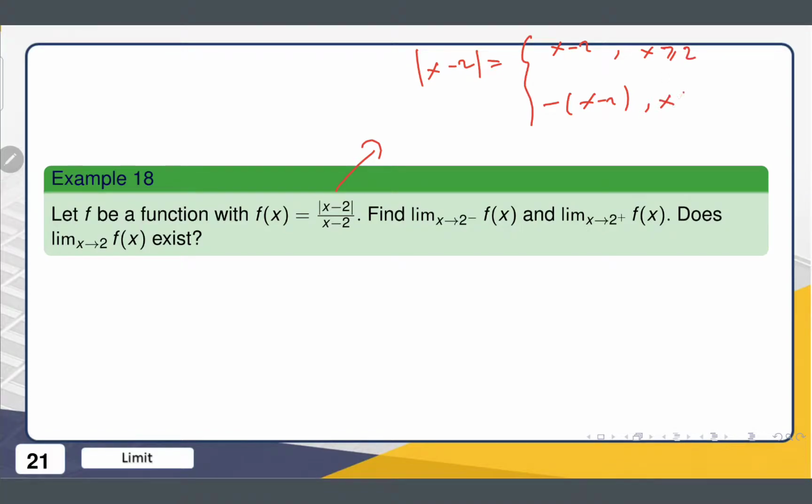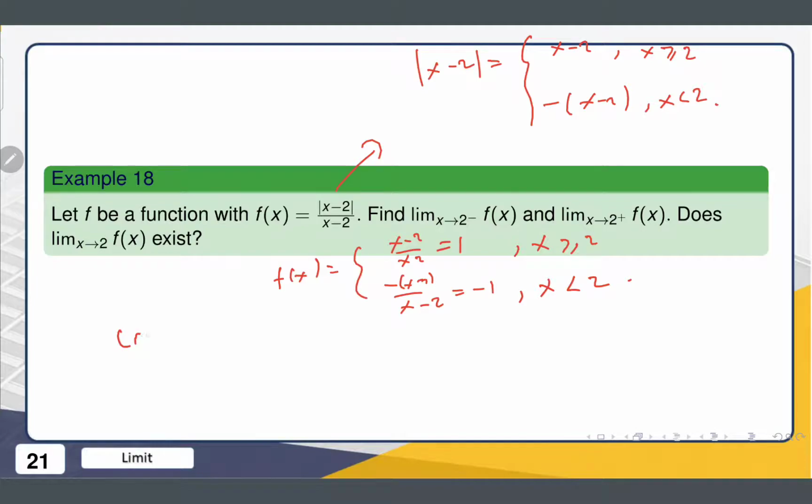So our f(x) equals (x minus 2) over |x minus 2|. That gives 1 when x is greater than or equal to 2, and minus (x minus 2) over (x minus 2), which is equal to minus 1, when x is less than 2.